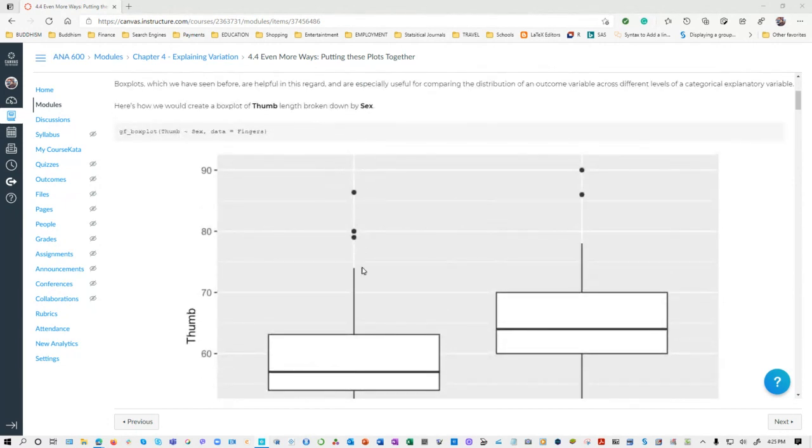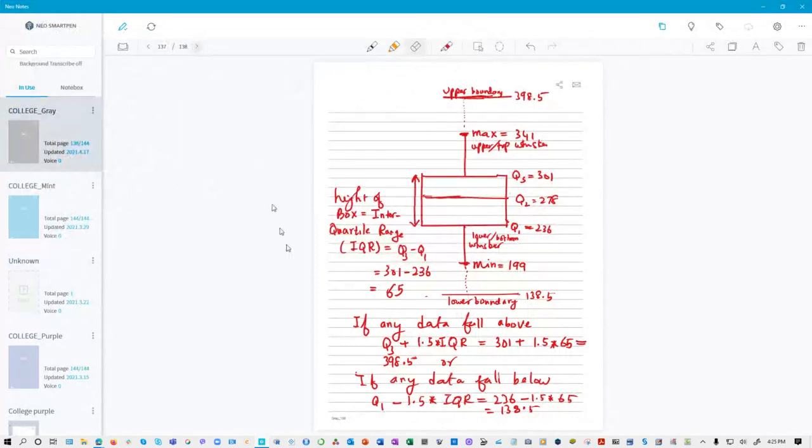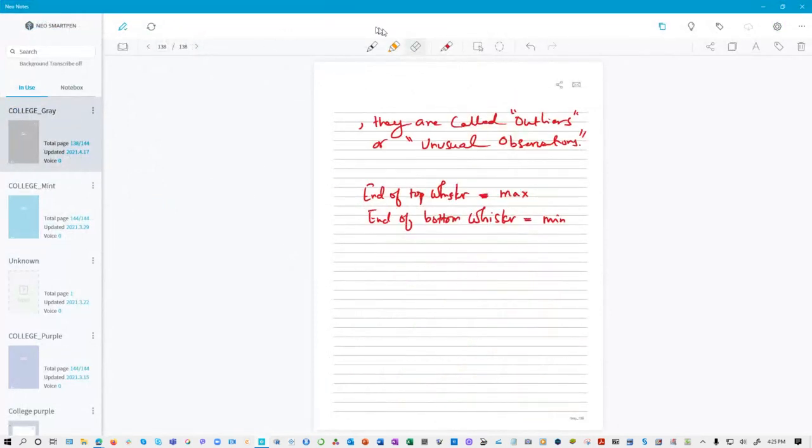Okay. To make it clear, I'm going to write something very, very clearly, crystal clear. Okay, this one I'm just going to modify. I'm going to say: end of the top whisker is the maximum when there are no outliers.